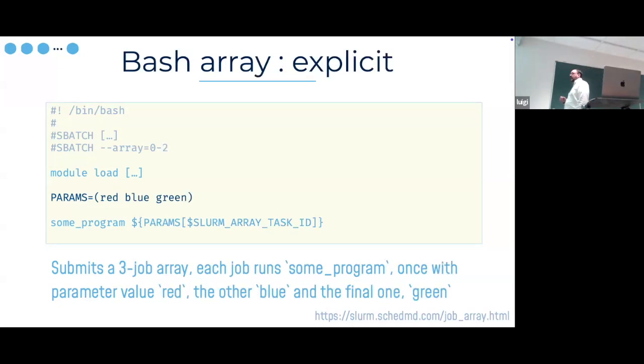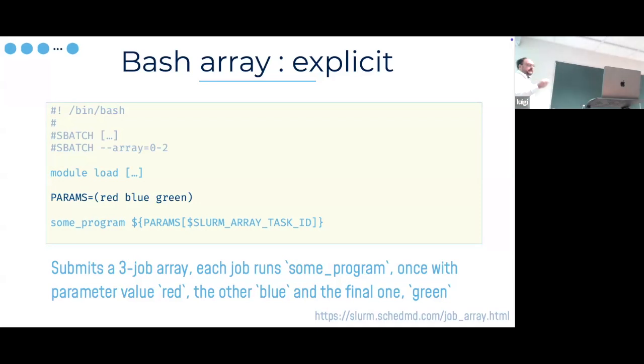So this is an example. Let's say I have some program and I need to run that program with 3 different parameters like red, blue, and green. This is all made up for the example, of course. Your submission script could look like this. --array equals 0 to 2 because the bash arrays are 0 indexed.